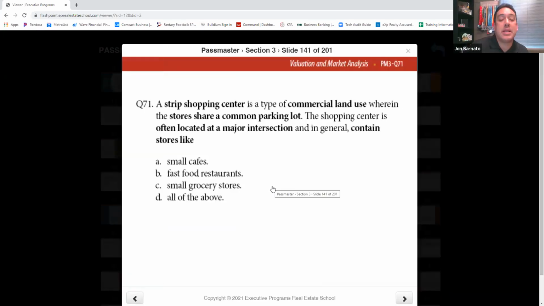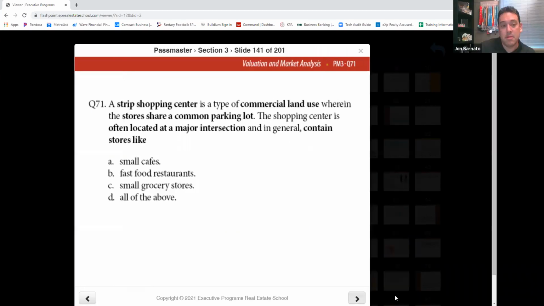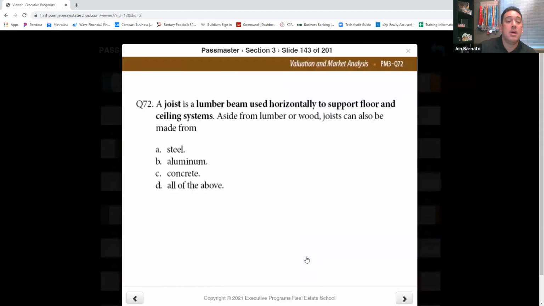A strip shopping center is a type of commercial land use wherein the stores share a common parking lot. It is often located at a major intersection and generally contains stores like what? I would say all of the above. All of the above, that is correct. A joist is a lumber beam used horizontally to support floor and ceiling systems. Aside from lumber or wood, joists can also be made from what?